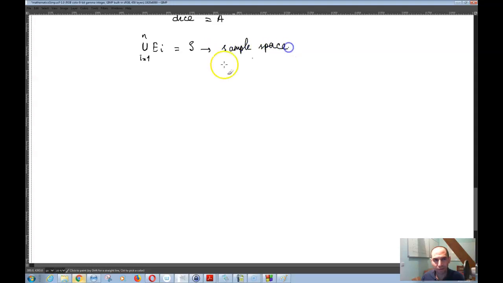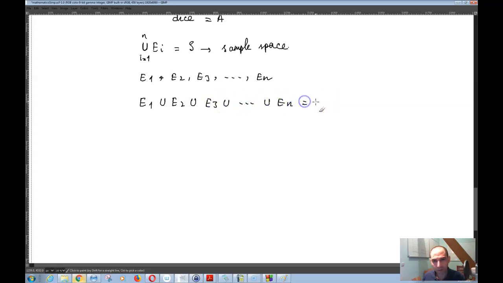What that means is that if we have all of these events, for example E1 and E2 and E3 and all the way up to E of n, then this notation means that you take the union of all of those sets, meaning E1 union E2 union E3 and so on all the way up to E of n, that is equal to S.